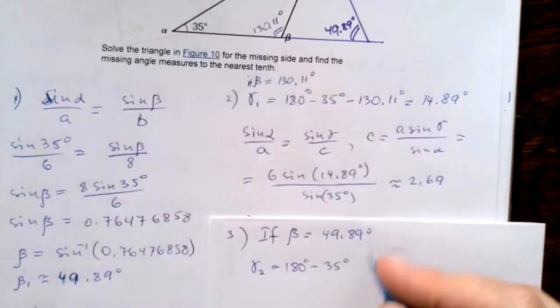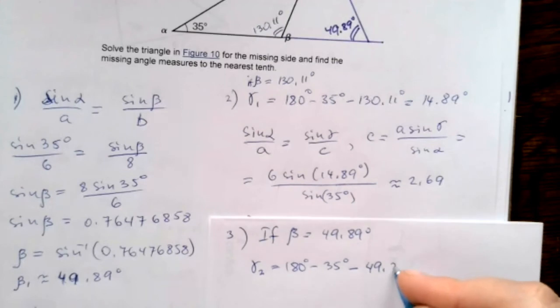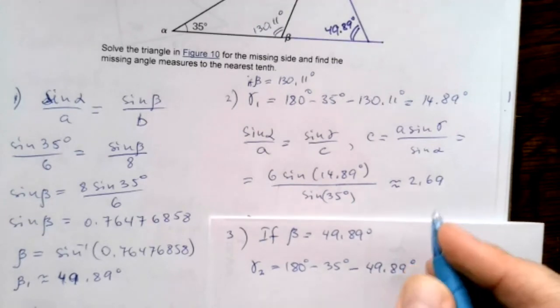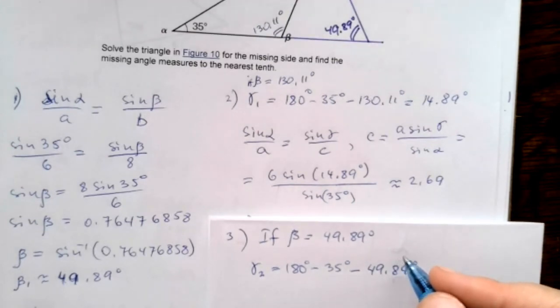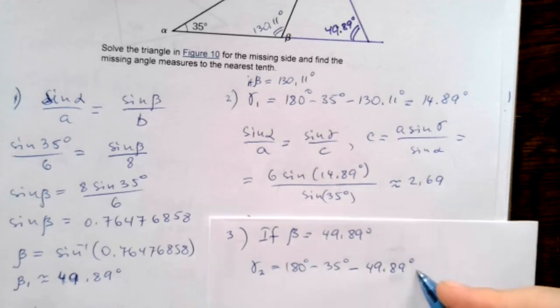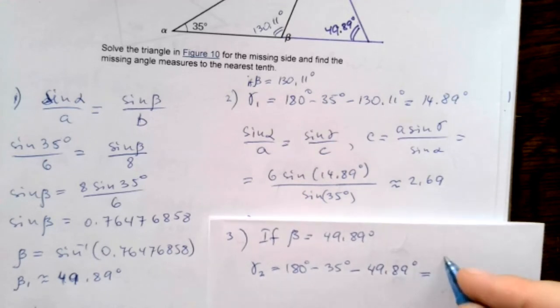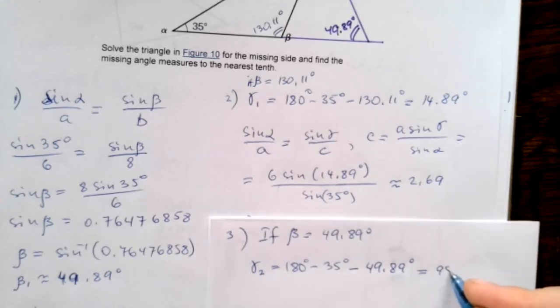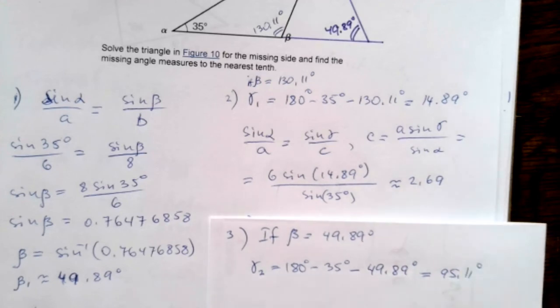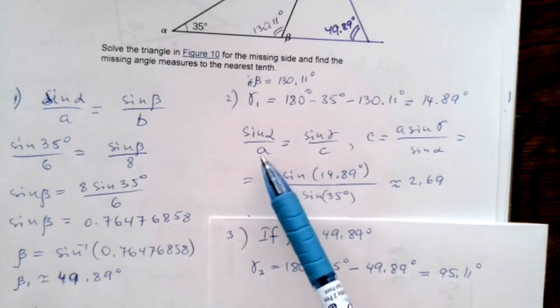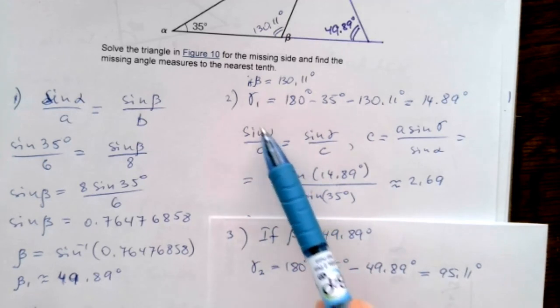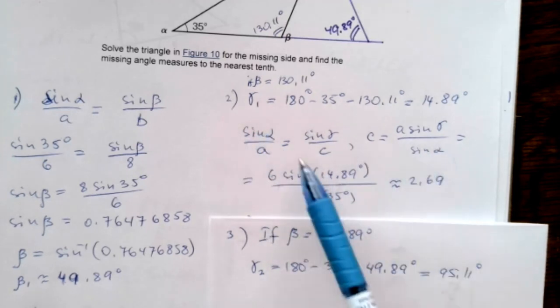Still, alpha is not changed, but beta now is 49.89. Now, what does that equal to? That equals 95.11 degrees.